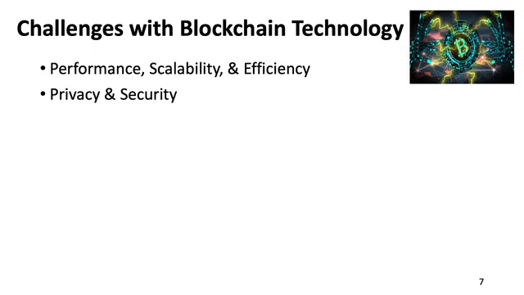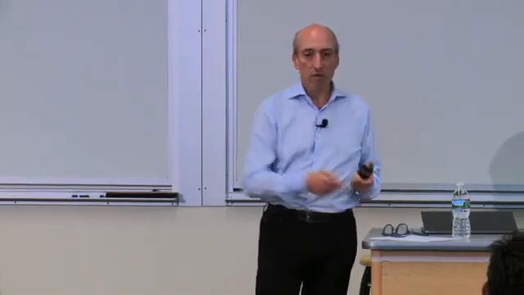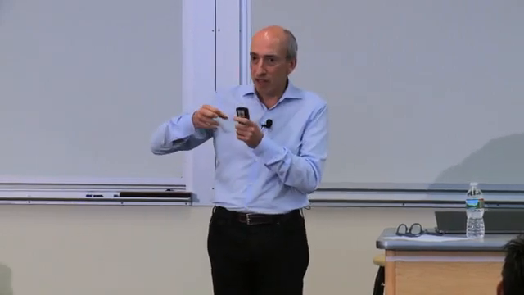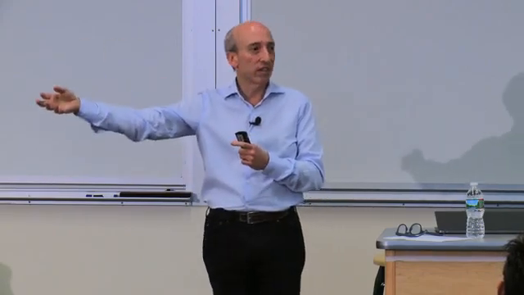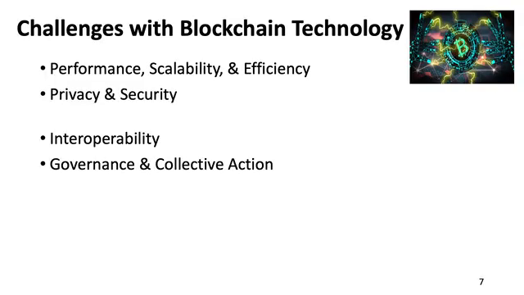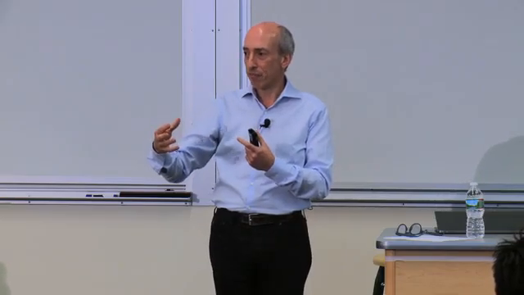So it's basically scalability and privacy that are two big things that permissioned systems address. Interoperability: basically, how does this blockchain talk to other blockchains, or how does this blockchain talk to other legacy systems? Permissioned and permissionless systems both have issues of interoperability.